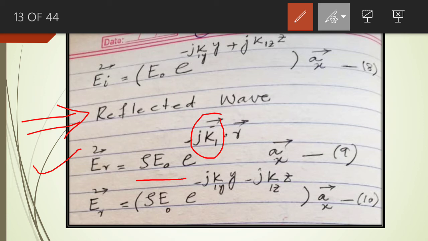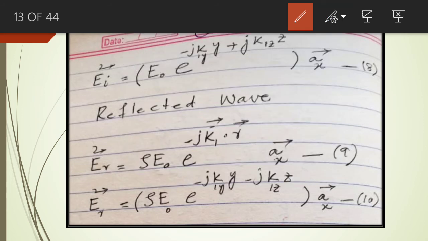So rho is known as the reflection coefficient, and rho E naught is the fraction of the amplitude of the incident wave which is reflected back to medium number 1. If 100% of the energy of the incident wave is reflected back to medium number 1, then rho will be equal to 1.